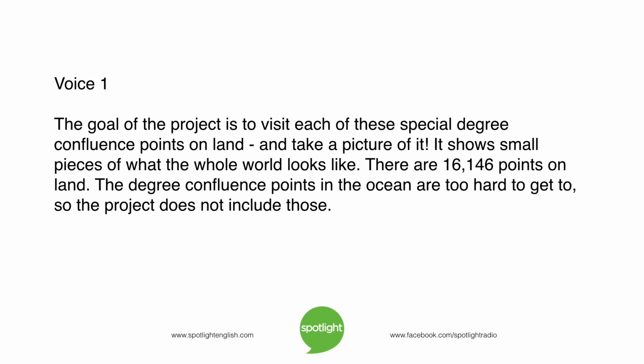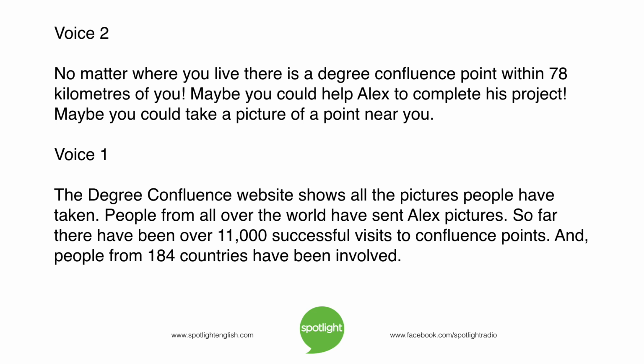The degree confluence points in the ocean are too hard to get to, so the project does not include those. No matter where you live, there is a degree confluence point within 78 kilometers of you. Maybe you could help Alex to complete his project. Maybe you could take a picture of a point near you.